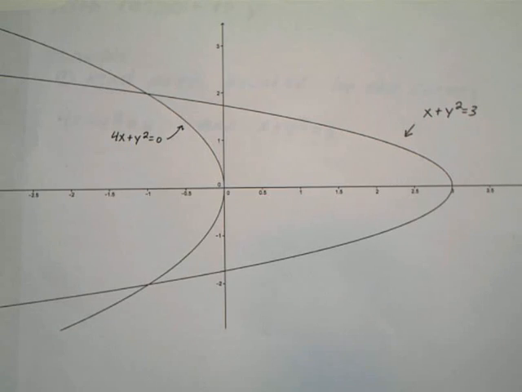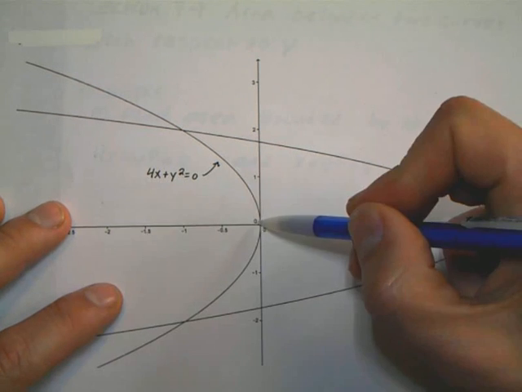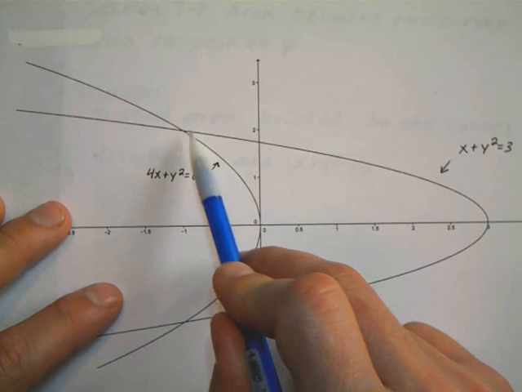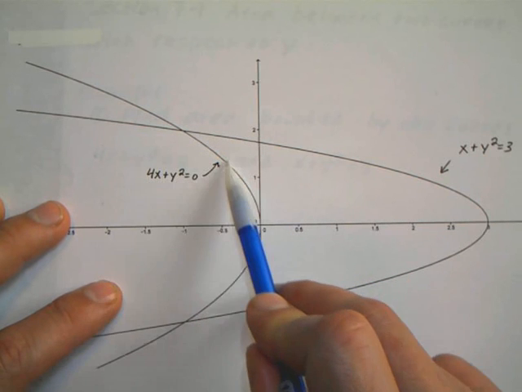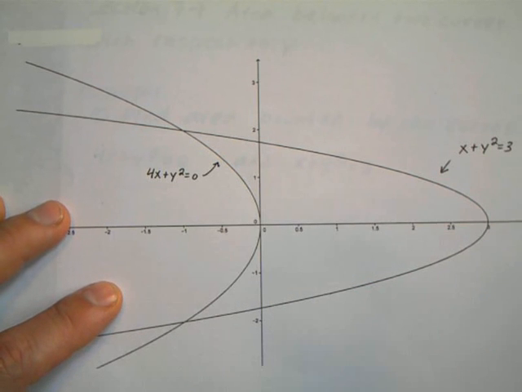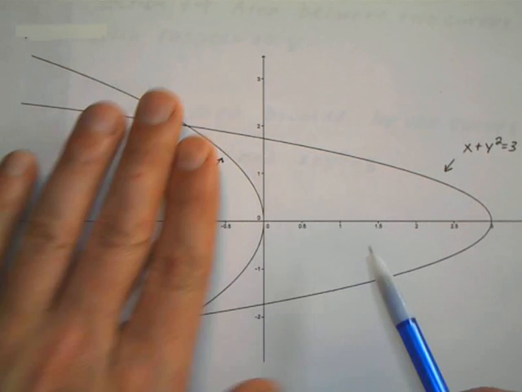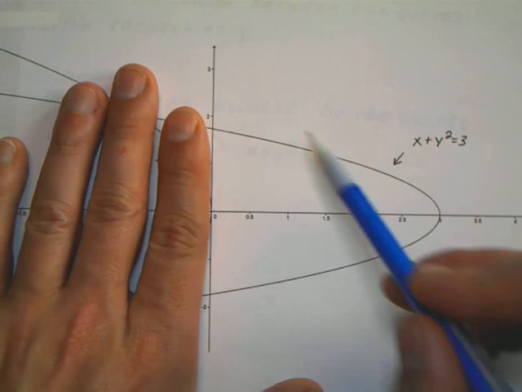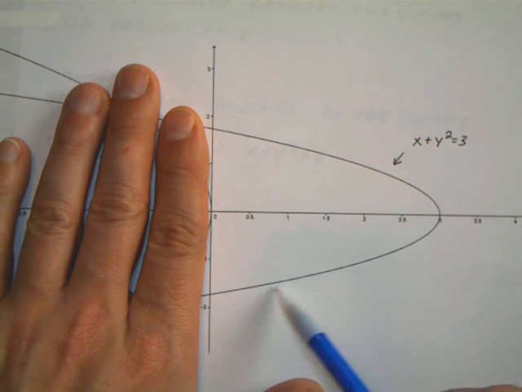But let's look at the second quadrant. In the second quadrant, I have this as the top curve and this as the bottom curve. But once I get past the second quadrant, into this region over here, now I have this as the top curve and this as the bottom curve.